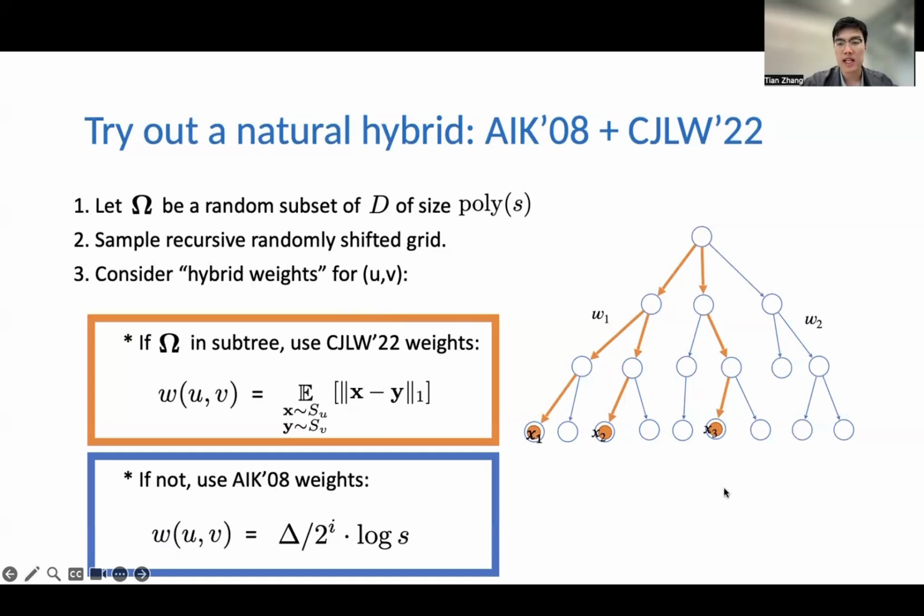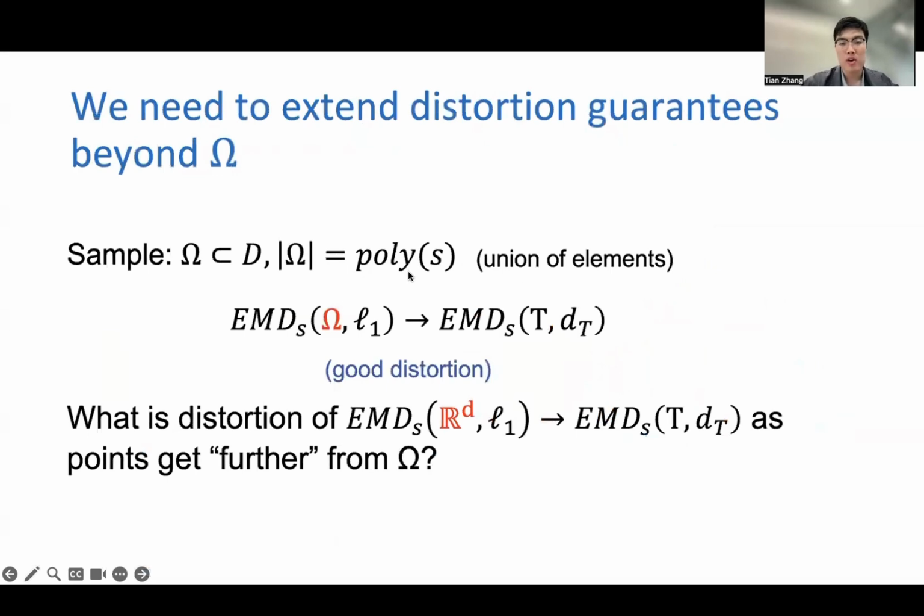So what kind of guarantee can this tree mapping achieve? Well, imagine if all the edges we use are data dependent edges, then since the size of the subsample is only poly S, we can achieve log poly S, which is log S distortion. But what about an arbitrary EMD point? How is the distortion for those points?